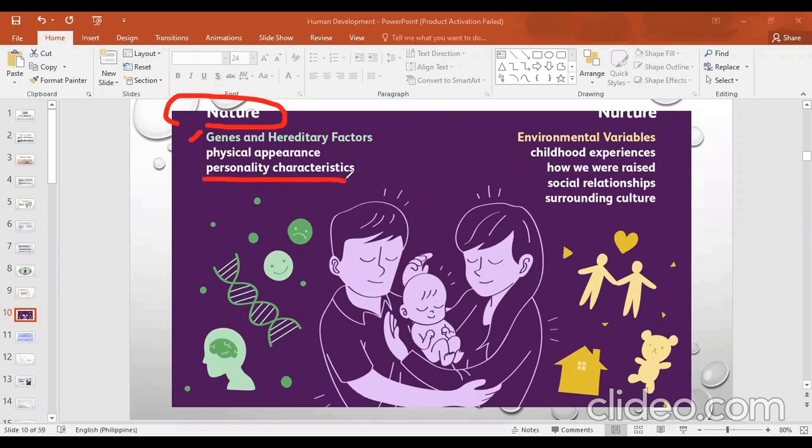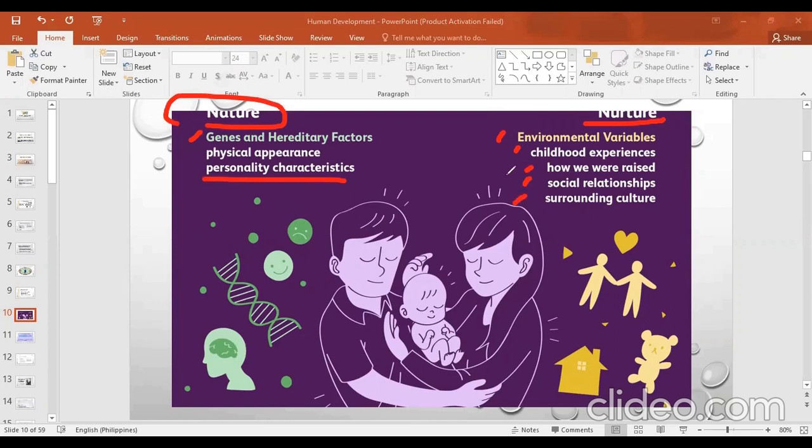Halimbawa, namana ko ito kay tatay ko or kay nanay ko, something like that. Okay? And we also have nurture. It has something to do with environmental variables, childhood experiences, how we were raised, social relationships, surrounding culture.